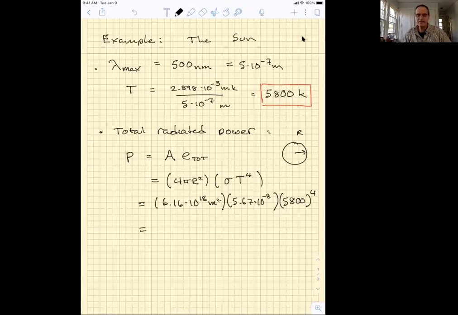Straightforward. We found the surface area of the object. We know its temperature. And so we can use the Stefan-Boltzmann rule to figure out the emitted power. Putting this in, we can turn the crank, and the power we get is about 4 times 10 to the 26 watts.